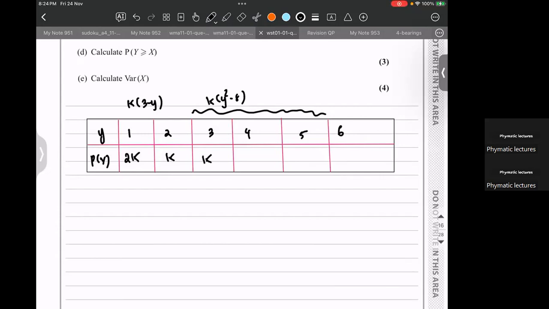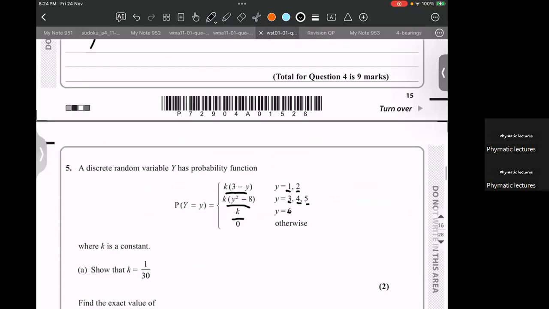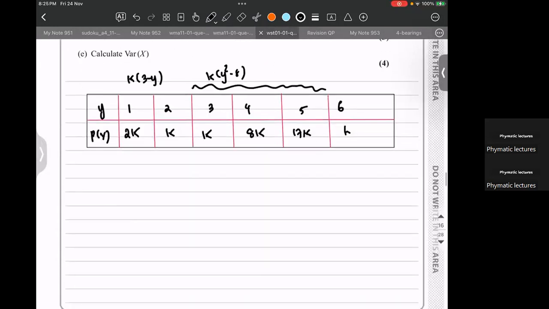Then substitute y as 4. 4 square, that is 16, so 16 minus 8, that is 8k. Then substituting 5, 5 square is 25, 25 minus 8 is 17, so 17k. And for 6, it is just k.